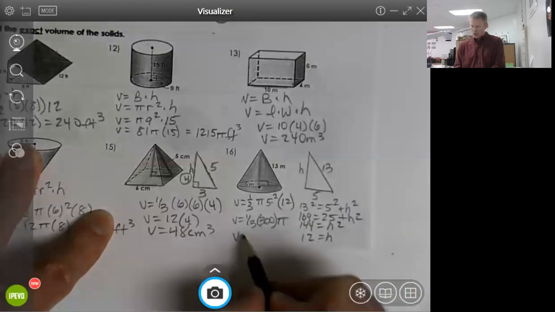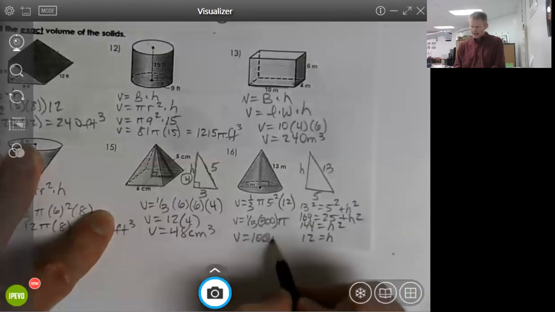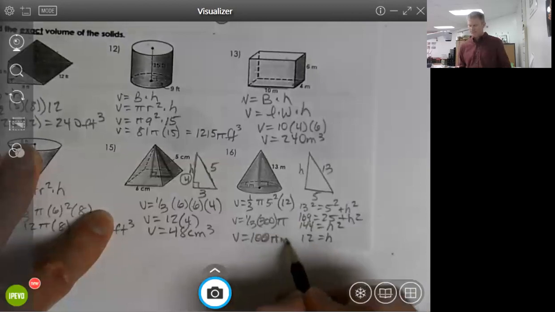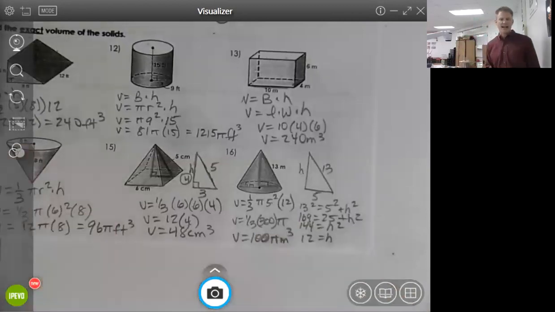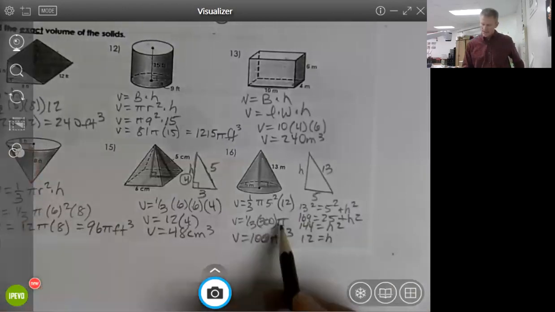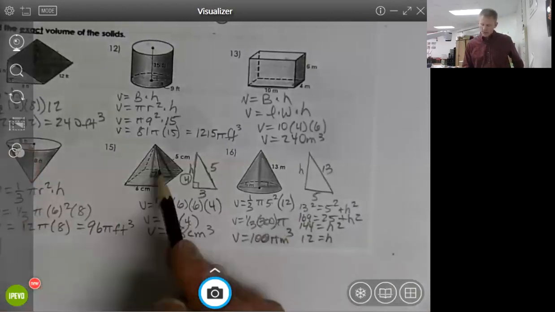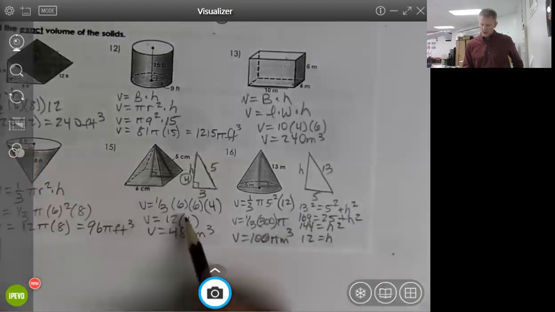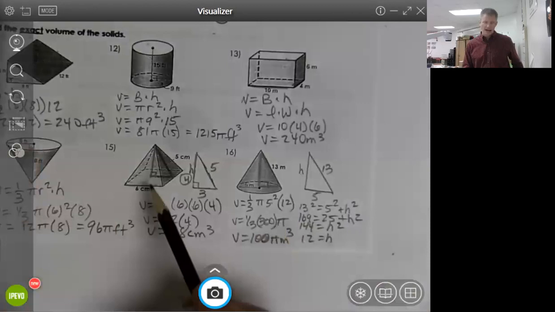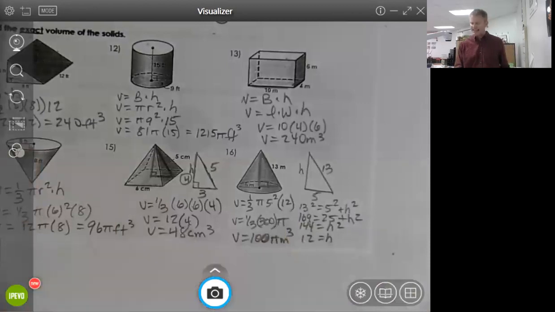This comes out to 100 pi, and these are meters cubed. Remember, we're looking for the exact answer, so we want pi to be in the answer if possible. For any of the prisms or the pyramids, we don't have to worry about pi, so your answer is exact.